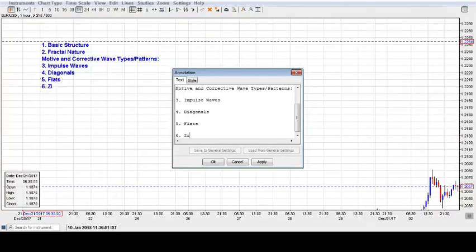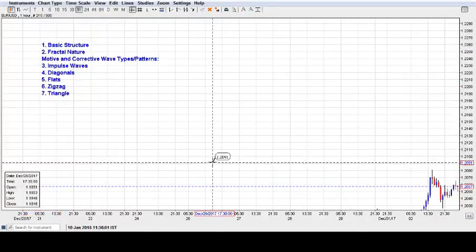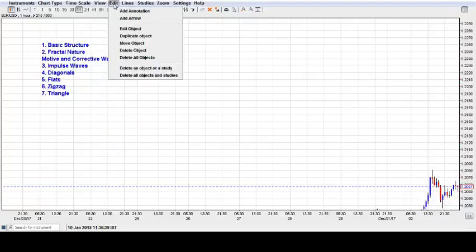Number six, the zigzags. And number seven, the triangles. All right, let's begin with the impulse waves in this session, and then we'll follow on with the diagonals, flats, zigzags, and triangles. Alright, let's get started.